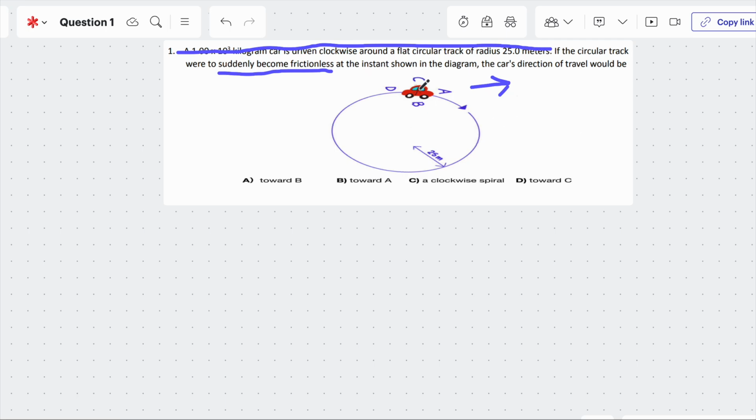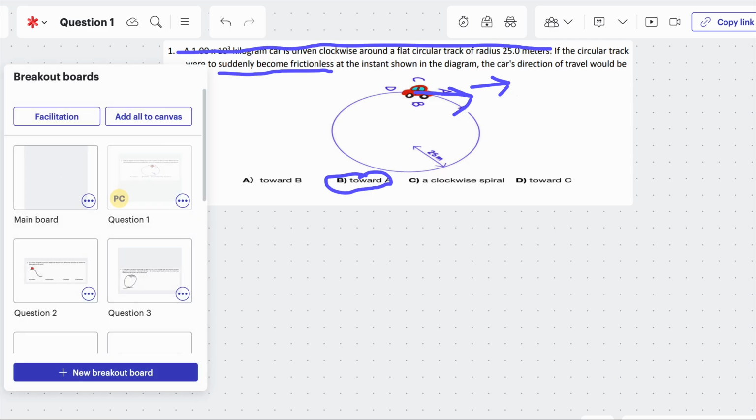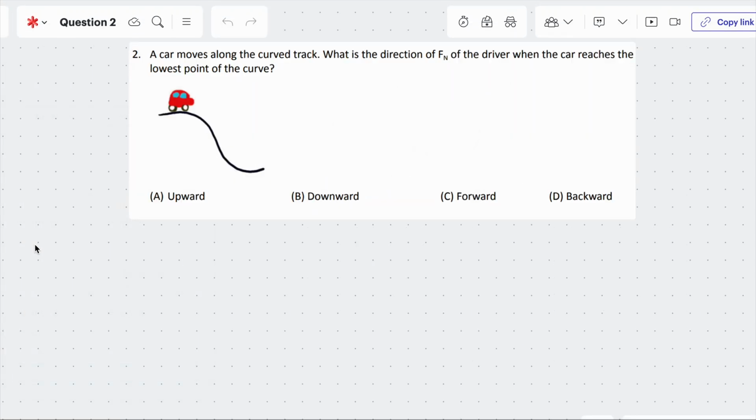Would it go towards A, B, C, or D? In this case, it would just go straight towards A. So that'll be our answer for this one. If at any point you have questions, you can always reach out to me or any other support person.